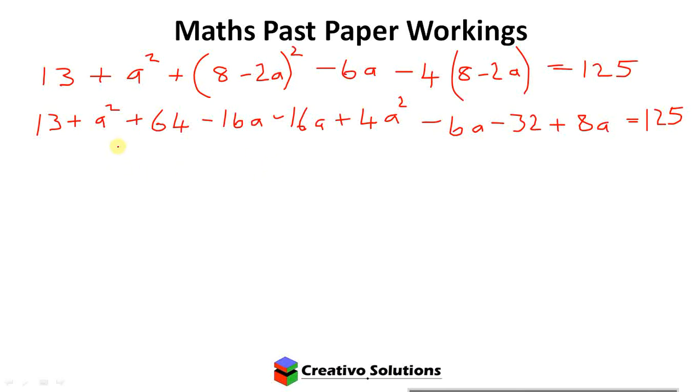Okay, so simplify. Let's get rid of all these like terms. I've got 13 plus 64. Any other numbers? 13, 64, minus 32. That is 45.